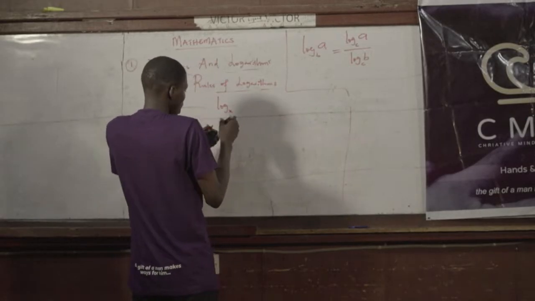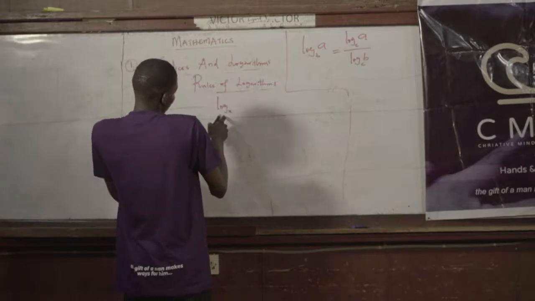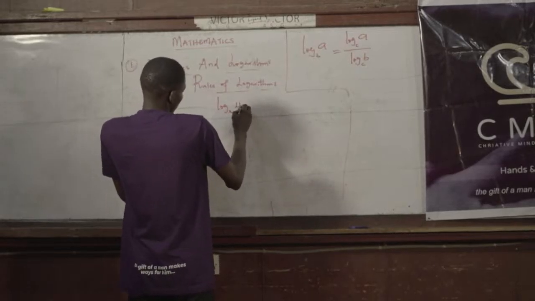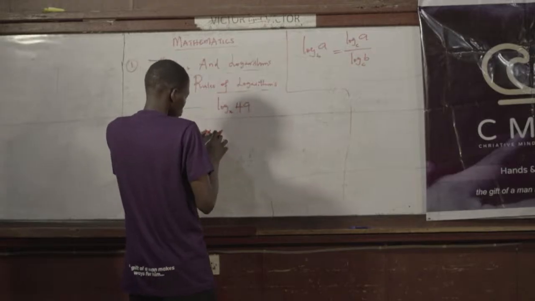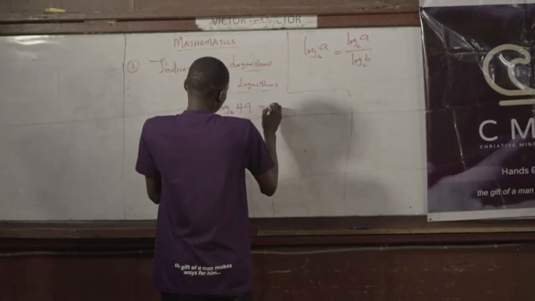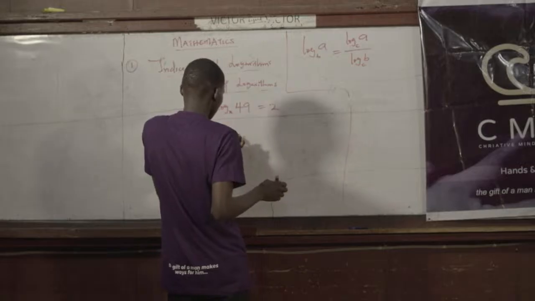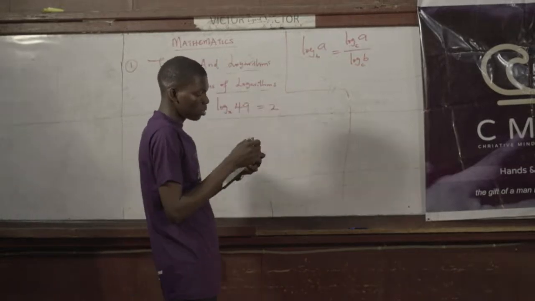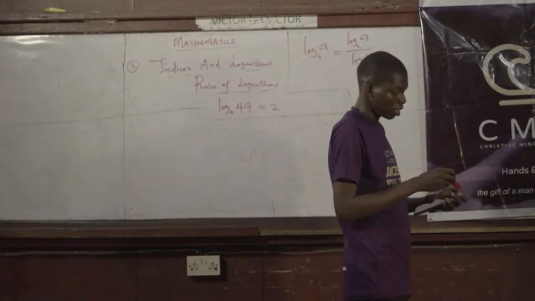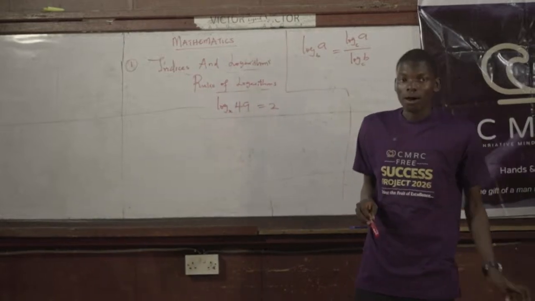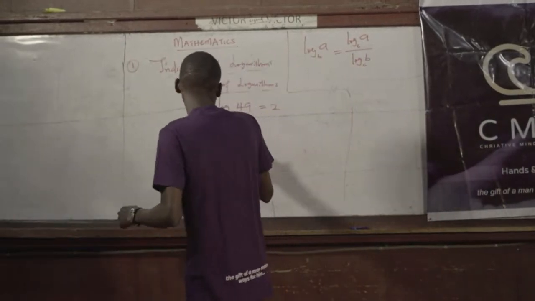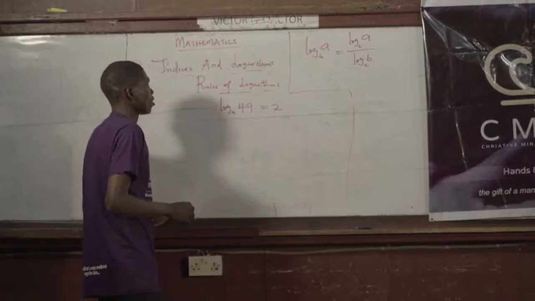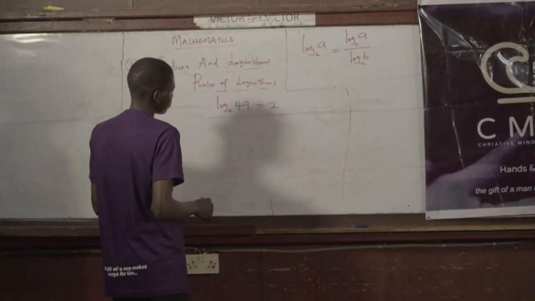Let's say you are asked to find the value of x in this particular equation, and it is equal to 2. So what will our value of x be?